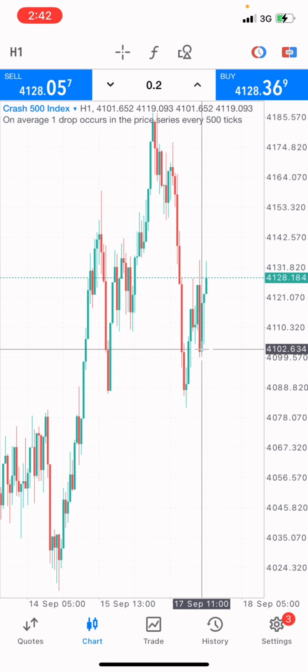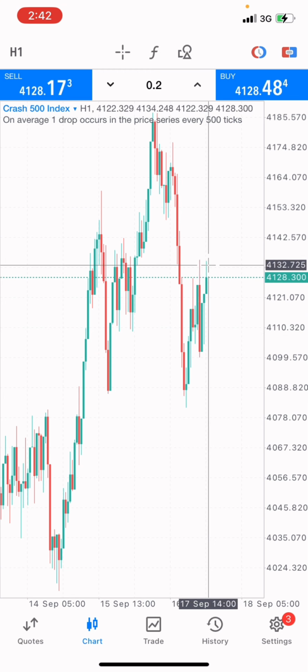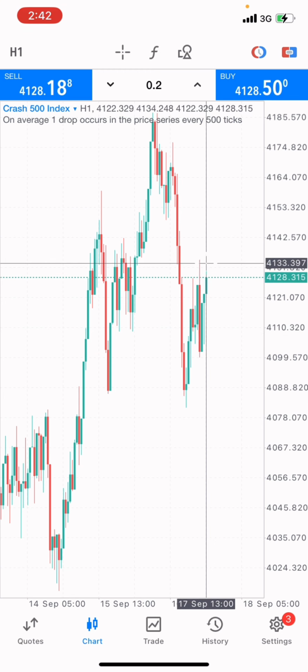Okay, you see, it started to buy from here, and we know that on the 1 hour time frame, it takes 1 hour for one candle to go up a little bit. It takes another hour again for another candle to go up a little bit, and you can see that this market has gotten to this point, and it took hours for it to reach here. It took hours, right? So this market will drop in price movements.